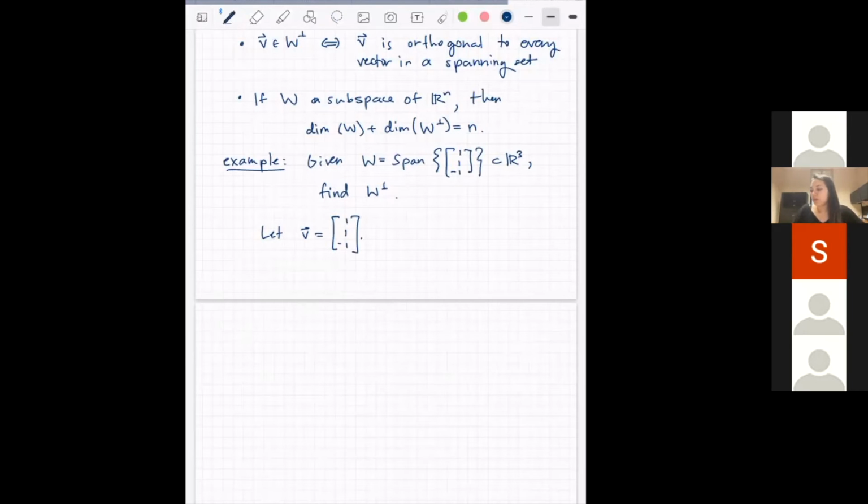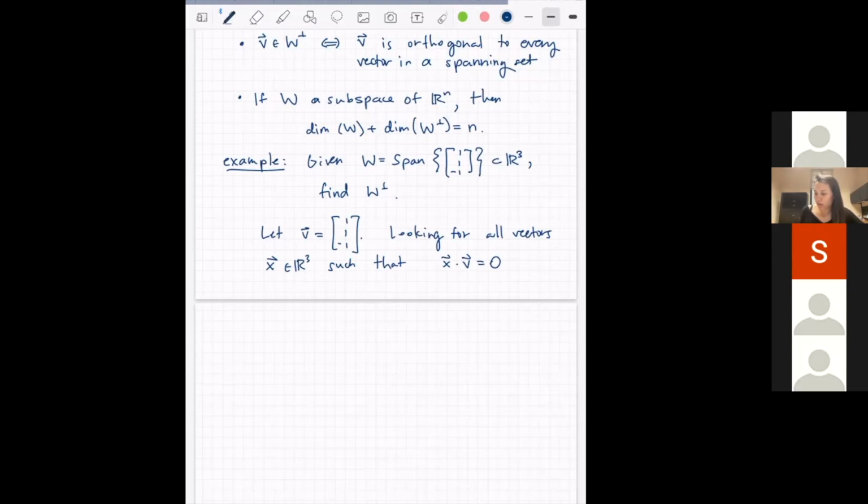And we're looking for all vectors, we'll call them x in R3, such that x dot v is equal to 0.